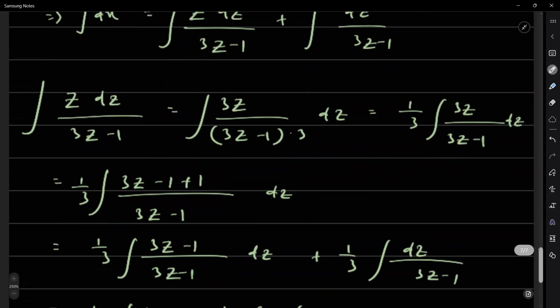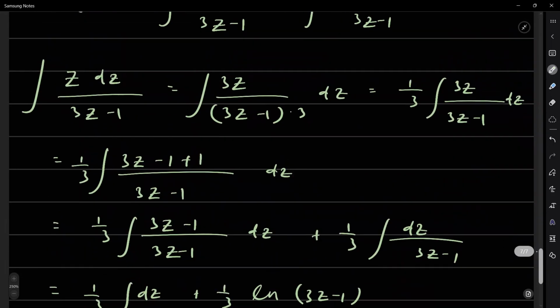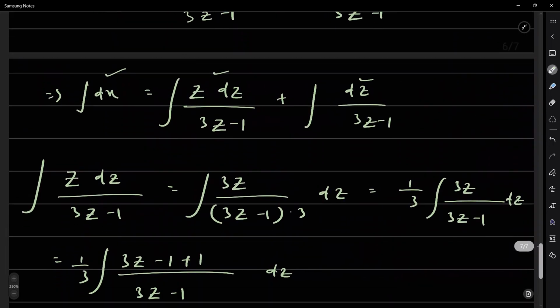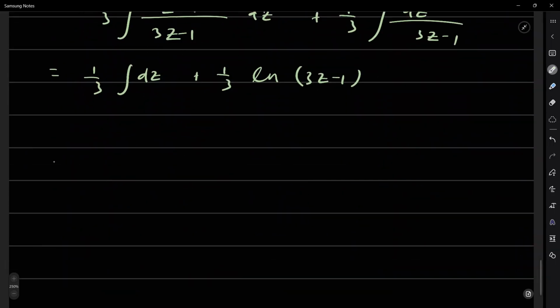Right, so the equation becomes x equal to 1 by 3z plus 1 by 3 ln 3z minus 1.